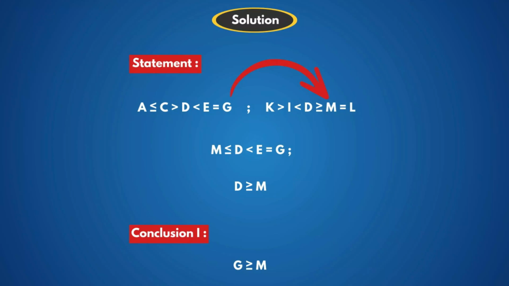But in the conclusion, they are asking the relation G to M. So we can write this G equal to E greater than D greater than or equal to M. Here we can observe that from G to M, we have these equal to, greater than, greater than or equal to combinations.